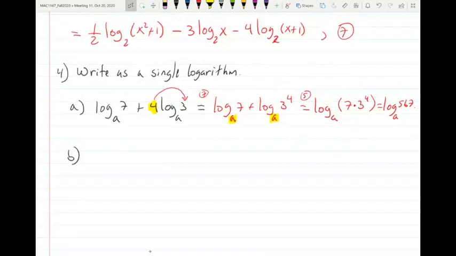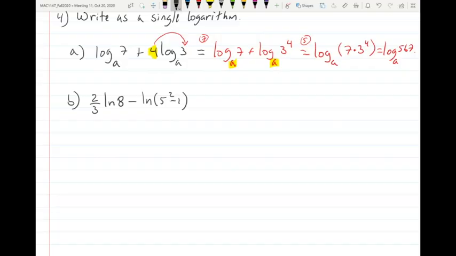Okay, so let's see, 2 over 3 ln of 8 minus 2 ln of 5 squared minus 1. That one. Then let's do, let's see, log base A of x plus log base A of 9 plus log base A of x squared plus 1.